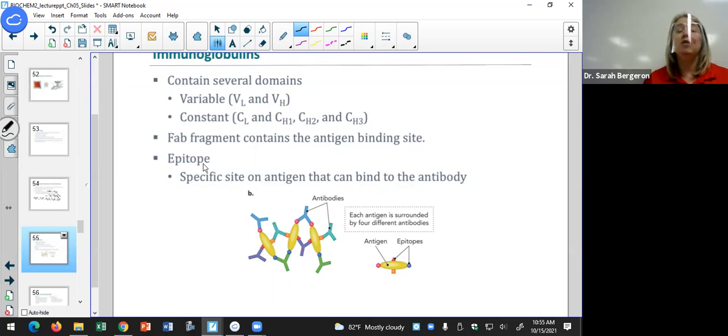So you can have multiple antibodies binding to the one spike protein because there are multiple epitopes on the spike protein. That makes sense? Yeah. So this is an example, right, of like, let's just say this was a spike protein. Well, there's 4 different epitopes, and at each of those different epitopes, different antibodies can bind.